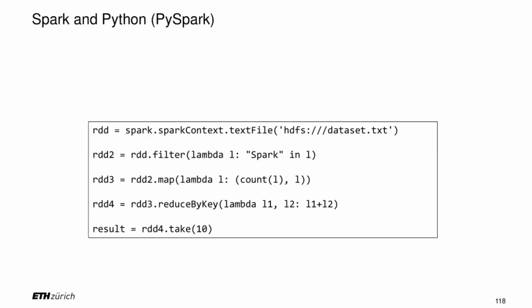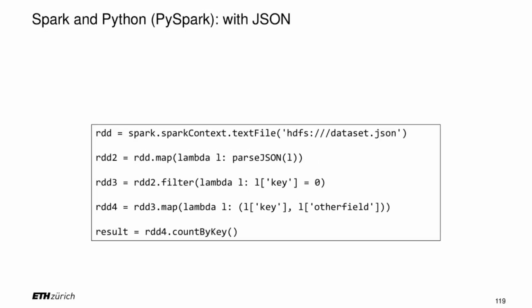But this was just text. What if it's JSON? And now you see it's even more complex because PySpark has no idea what JSON is. To Spark, or regular Spark, JSON is just text, right? The JSON object can be serialized as text, so it only sees text.